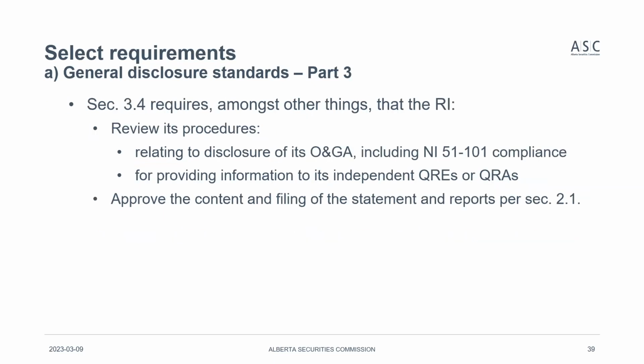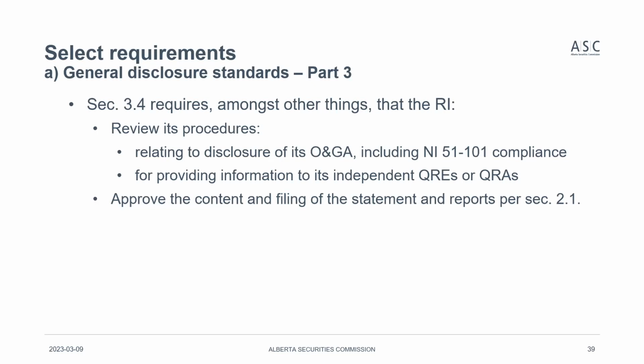Then section 3.4 requires, amongst other things, that the reporting issuer review its procedures relating to disclosure of its oil and gas activities, including NI 51-101 compliance, and also review its procedures for providing information to its independent QREs or QRAs.